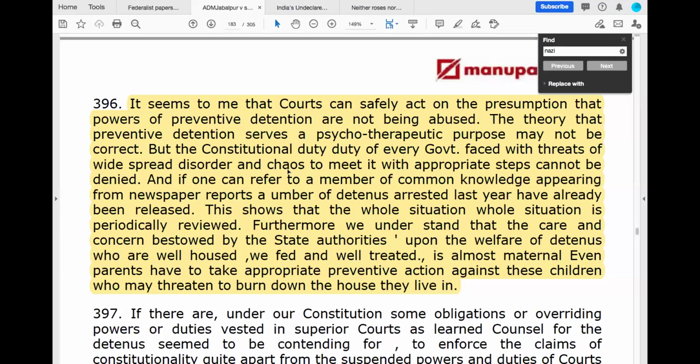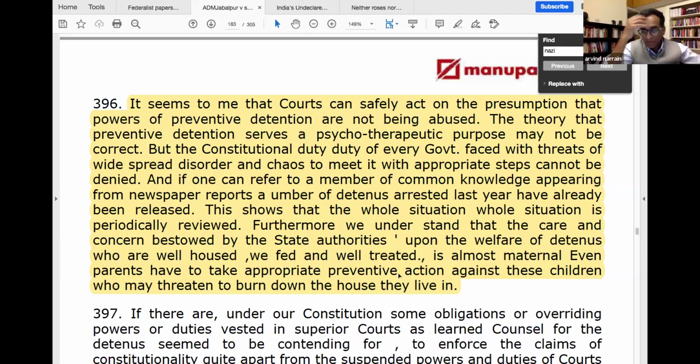And if one can refer to a matter of common knowledge appearing from newspaper reports, a number of detainees arrested last year have already been released. This shows that the whole situation is periodically reviewed. Furthermore, we understand that the care and concern bestowed by the state authorities upon the welfare of detainees who are well housed, well fed, and well treated is almost maternal. Even parents have to take appropriate preventive action against their children who may threaten to burn down the house they live in.